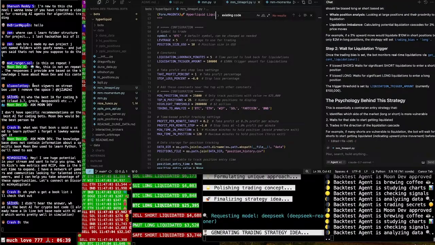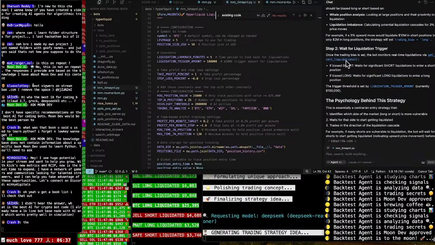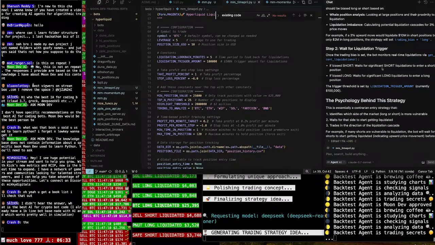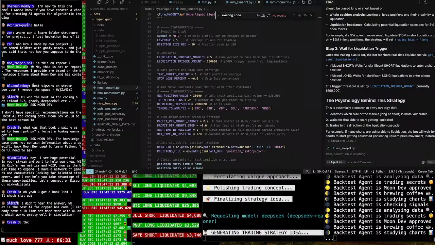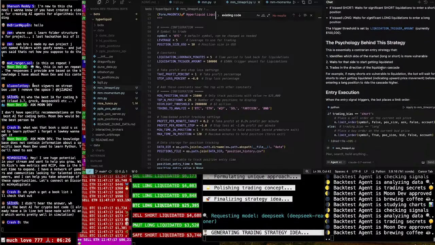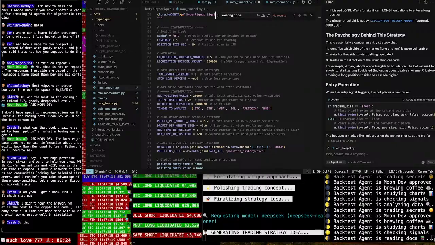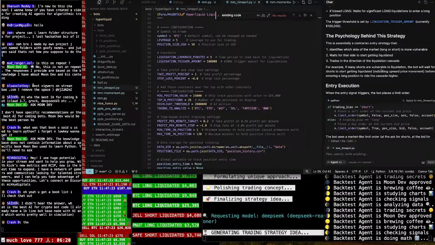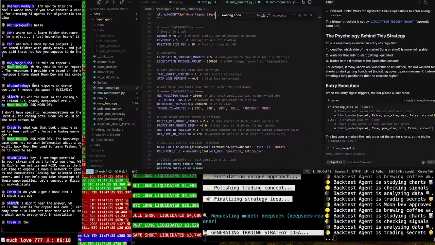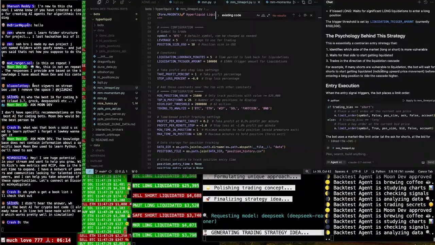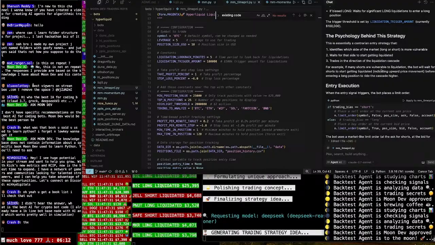Step 2, wait for liquidation to trigger. So if short bias, it would wait for short liquidations. If long bias, it would wait for long liquidations to get a better entry. I like this. The psychology behind this strategy: this is essentially a contrarian entry strategy that identifies which side of the market, long or short, is more vulnerable, waits for the side to start getting liquidated, and trades in the direction of the liquidation cascade.